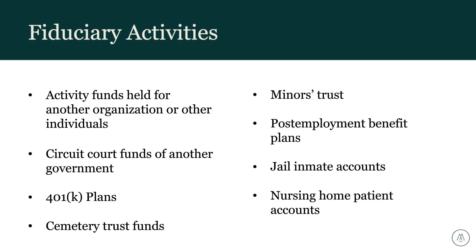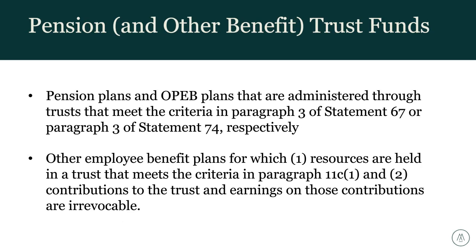Thank you. So I'm just going to briefly summarize the 4 types of fiduciary funds that are defined in the standard. Some of this is new information that was issued in the standard. Some of it is similar to what's been in practice already.